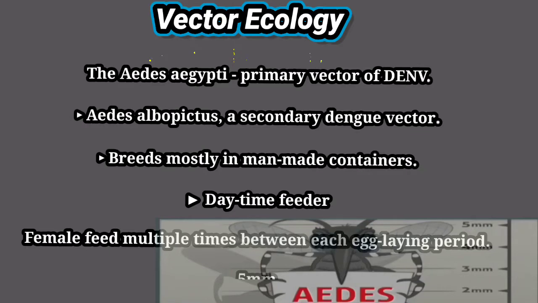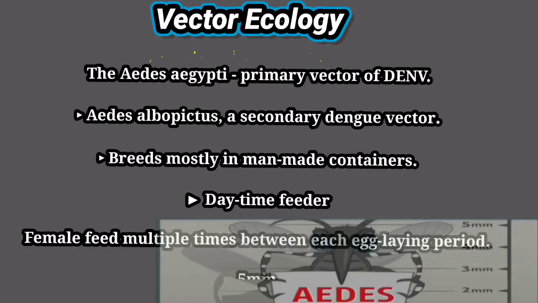There are two species responsible for the spread of this disease, where Aedes aegypti is the primary vector of dengue virus spread, and Aedes albopictus, another species, is the secondary dengue vector. These Aedes mosquitoes breed mostly in man-made containers where they can find still water.